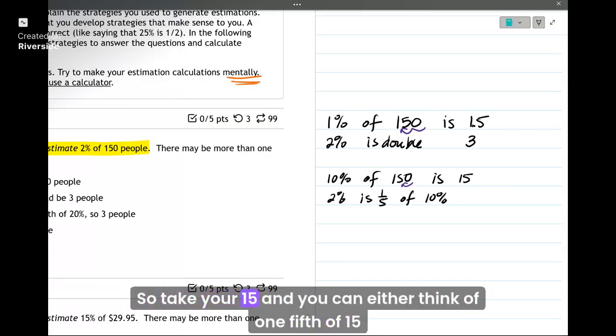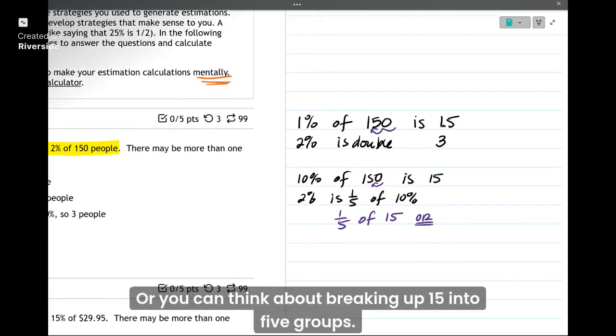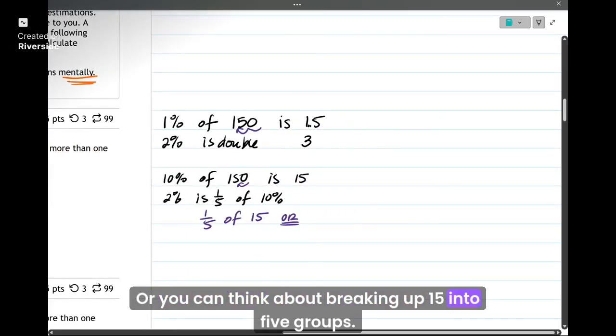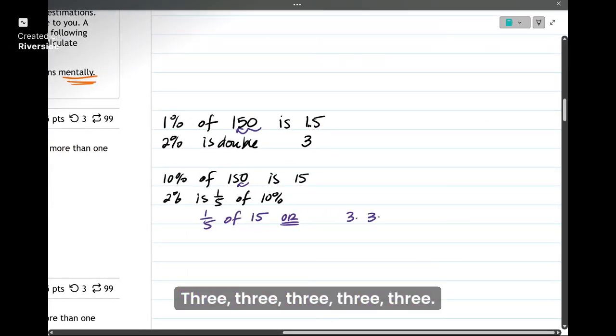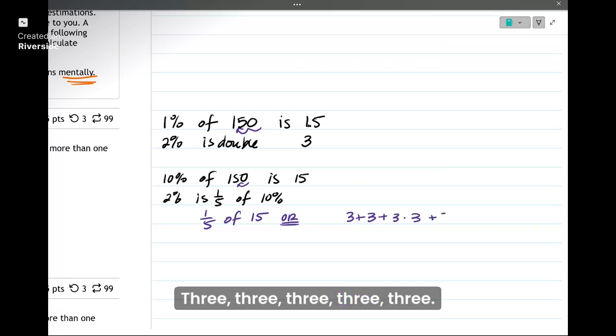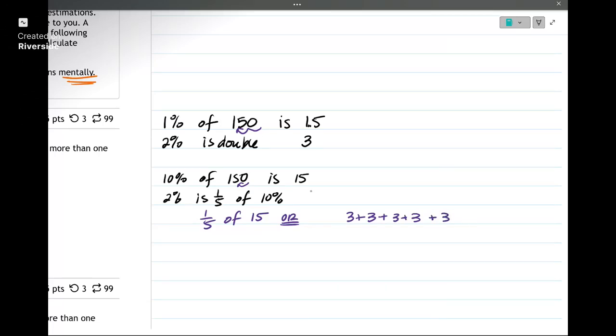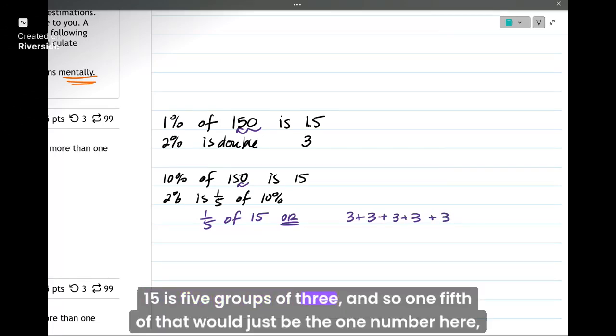So take your 15 and you can either think of 1/5 of 15, or you can think about breaking up 15 into 5 groups. 3, 3, 3, 3, 3. 15 is 5 groups of 3, and so 1/5 of that would just be the one number here, which is 3.